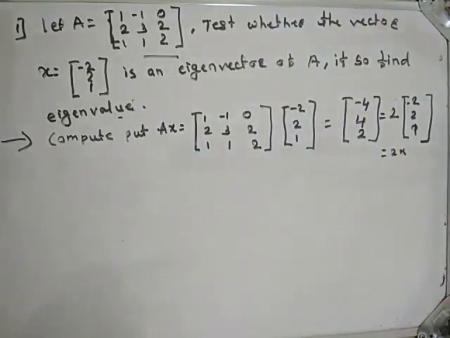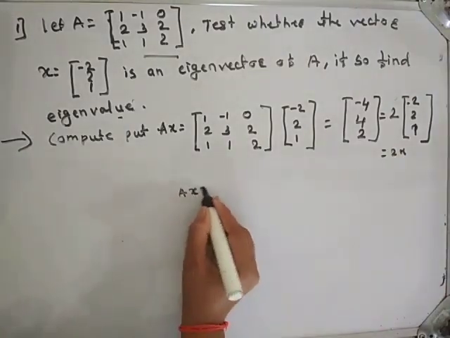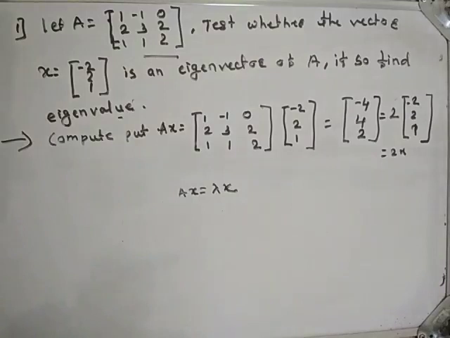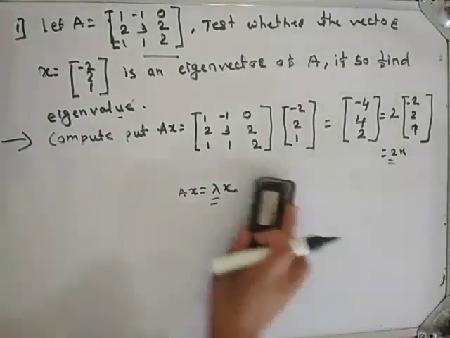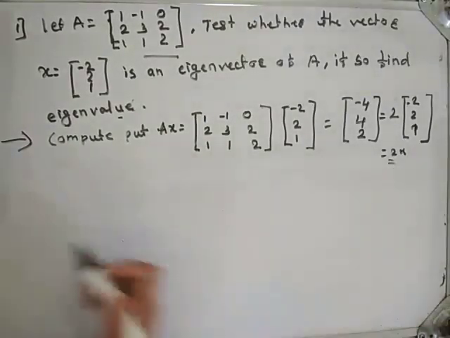Means what? We have Ax = lambda x. So here lambda is 2. Lambda is the eigenvalue.